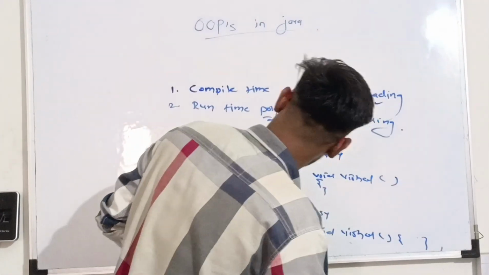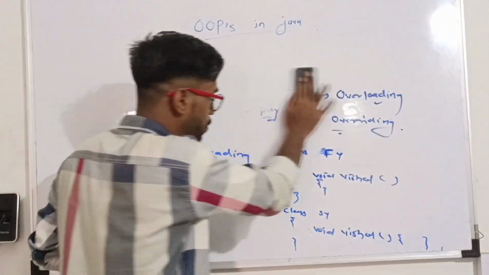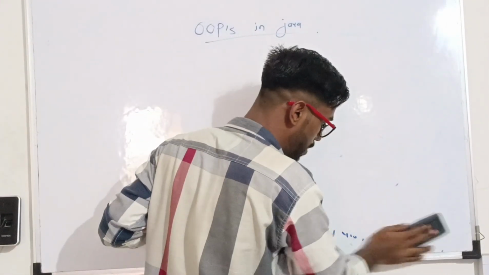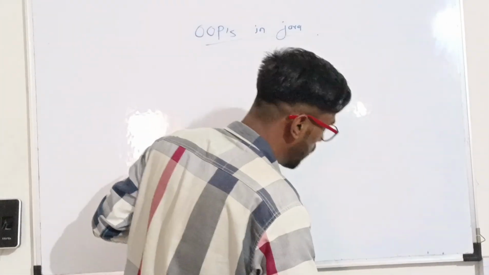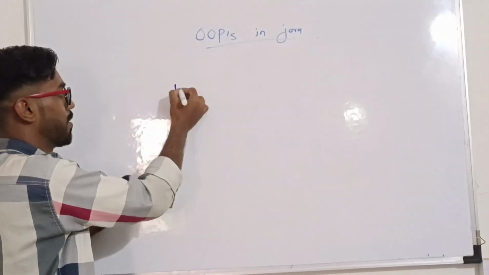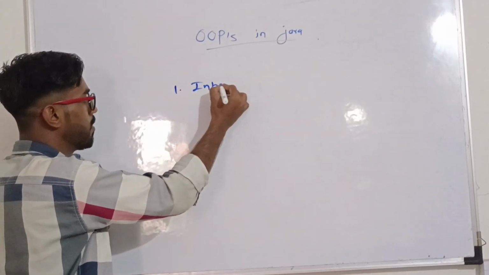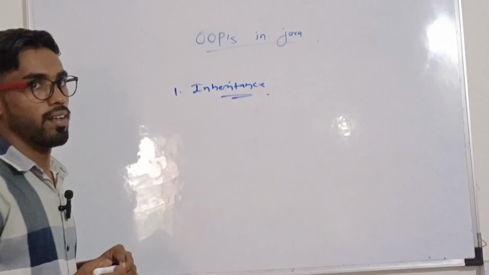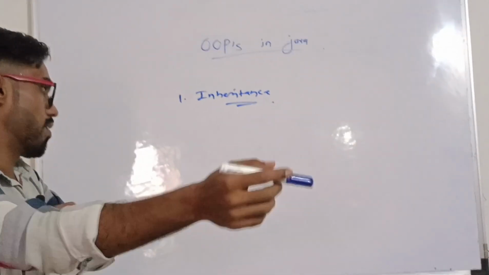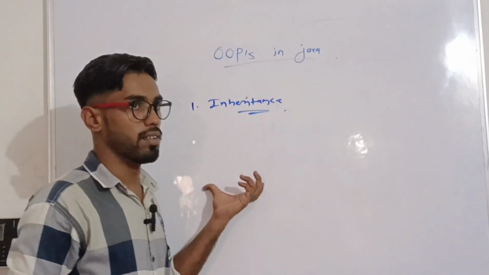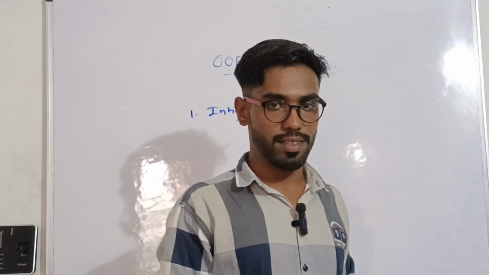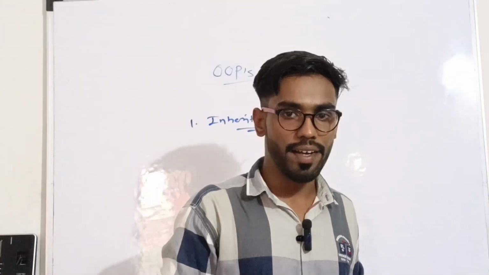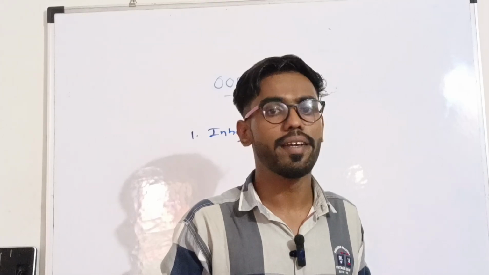And last but not least, there is one more concept available in object oriented programming languages, that is inheritance. Inheritance has multiple types: single level inheritance, multi level inheritance, hierarchical inheritance, hybrid inheritance.